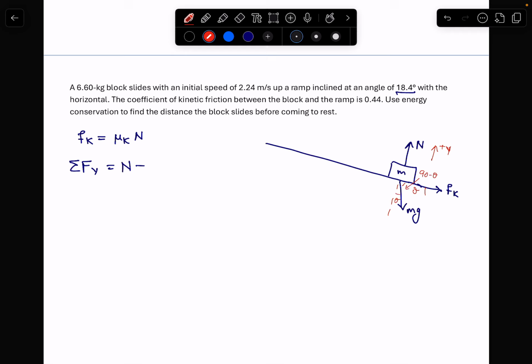So that is theta, so mg cosine theta. It is moving up. So what I should do, if it is moving up, it'll have an acceleration.